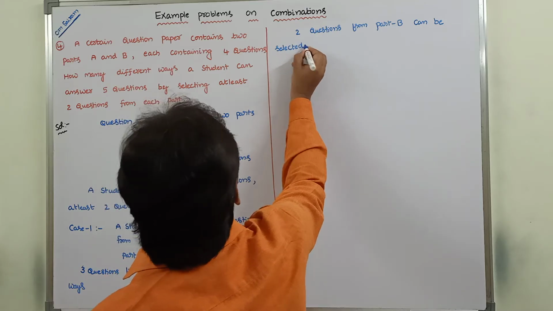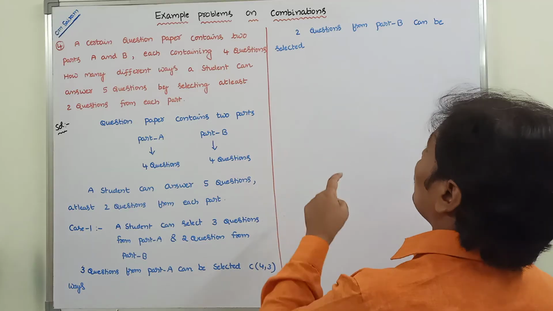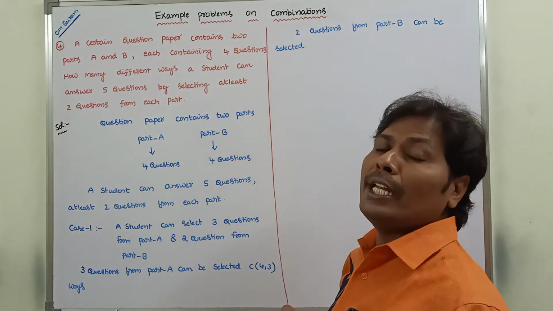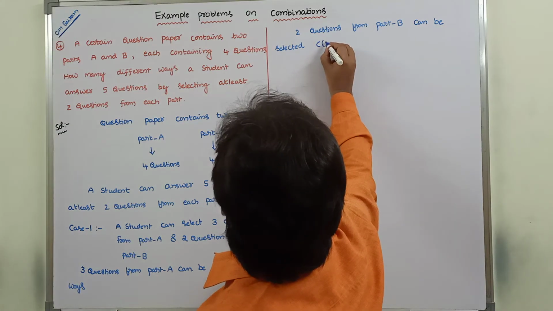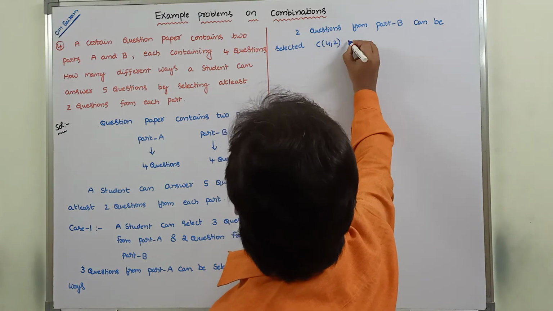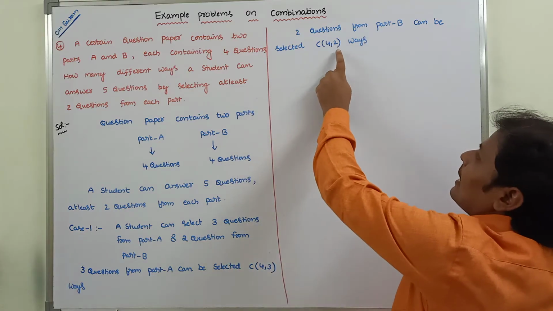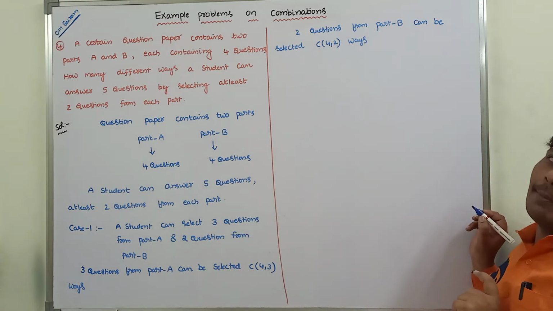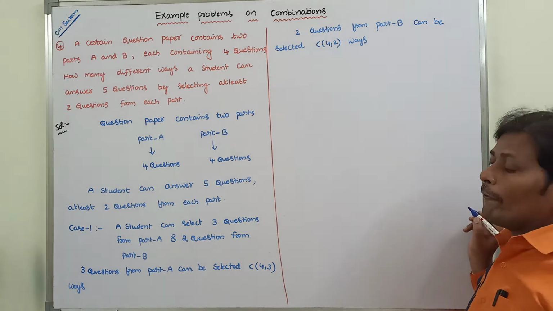Part B contains 4 questions. From the 4 questions, we are selecting 2 questions. So that means C of 4, 2 ways. Among the 4 questions, he can select 2 questions from part B, so C of 4, 2 ways.